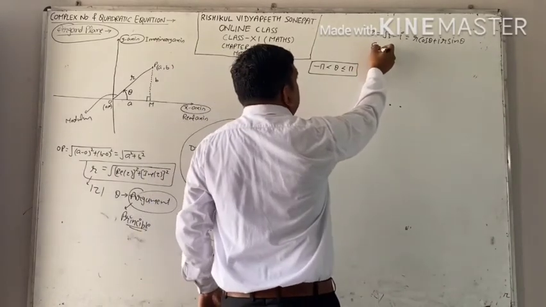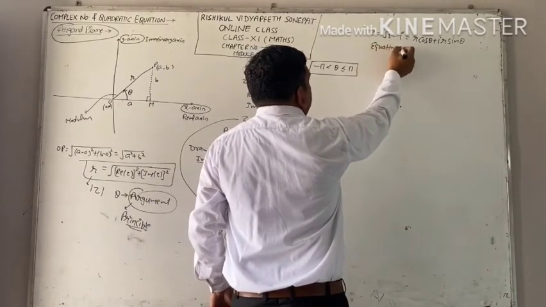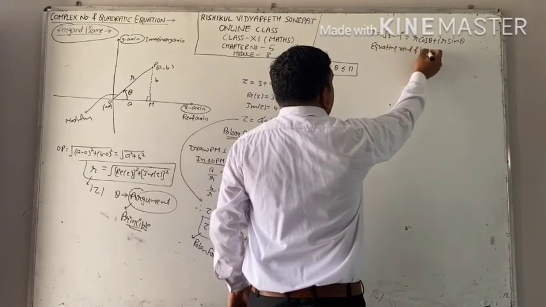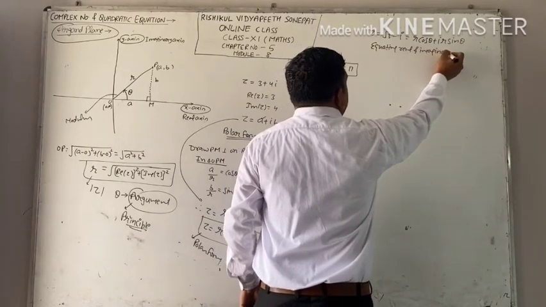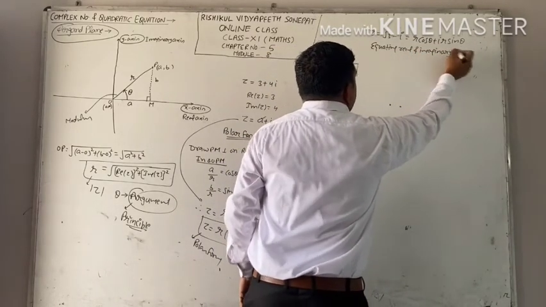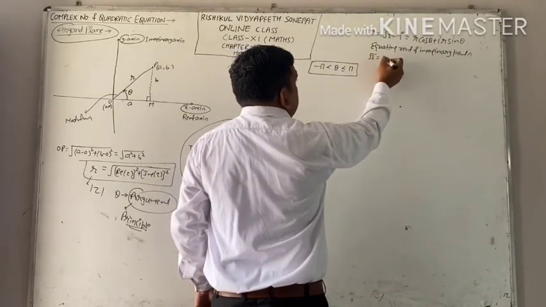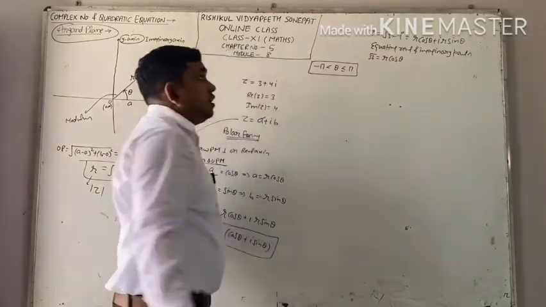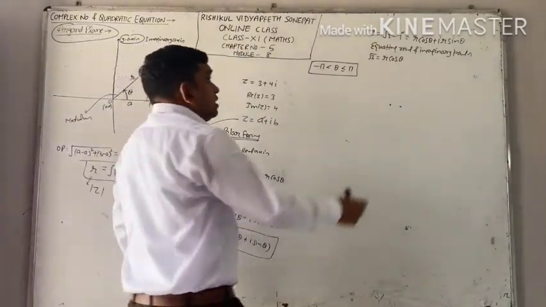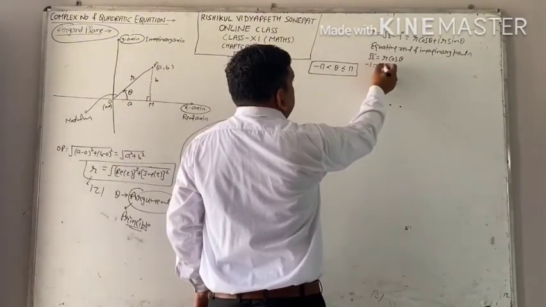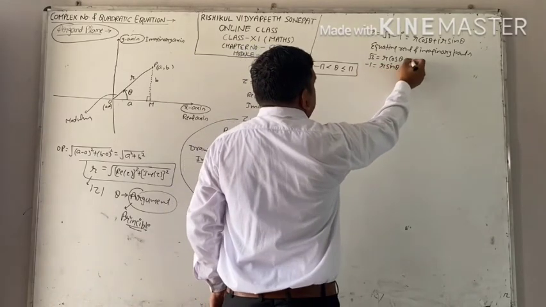Therefore, equating real and imaginary parts. Now see, what is the real part here? Real part is root 3, and the real part is r cos theta. Imaginary part is minus 1, and imaginary part is r sin theta.